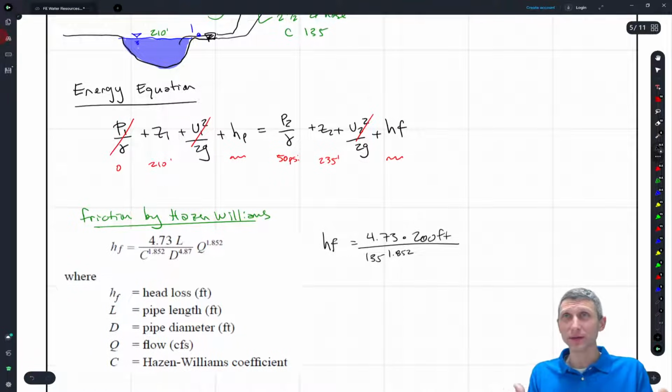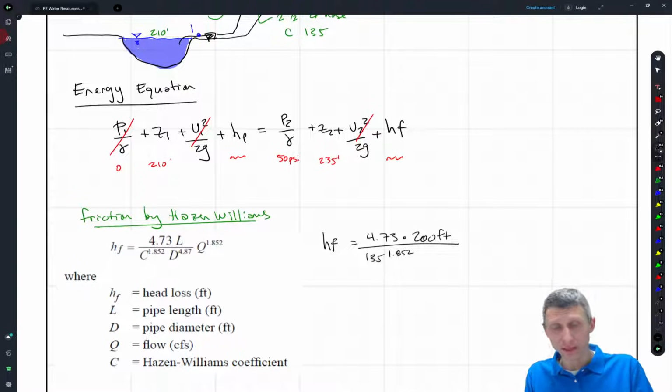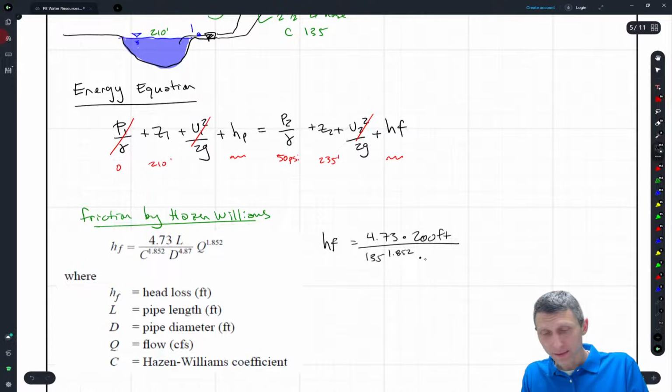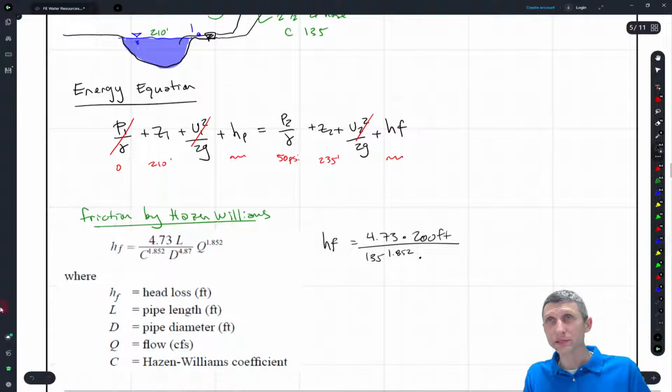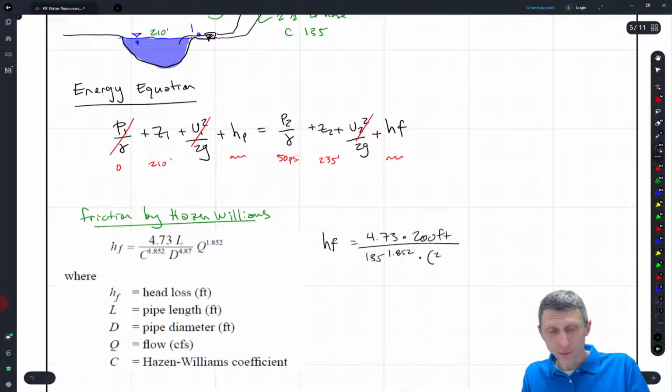Again, a weird exponent, but you just have to know how to type 1.852 into your calculator. Times the diameter, so the pipe diameter. Be careful here because the pipe diameter is in feet. So we're going to do 2.5 inches per 12 inches per foot, and raise that to the 4.87 power.